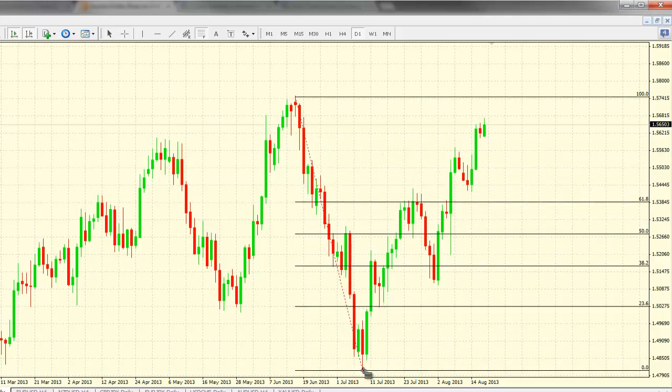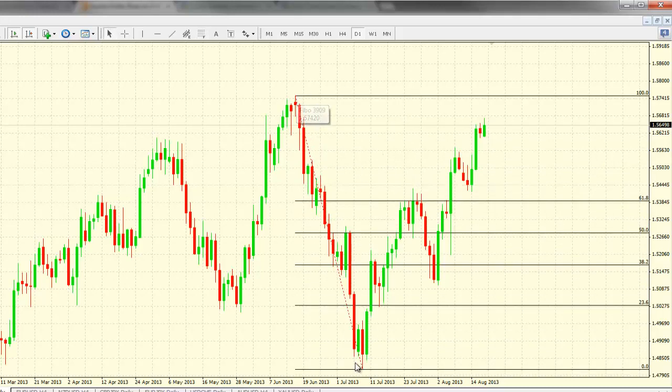On applying this, you can see that the entire price range has been divided into the other retracement levels as well. These horizontal lines that you see are at the 23.6%, 38.2%, 50 and 61.8% retracement levels.